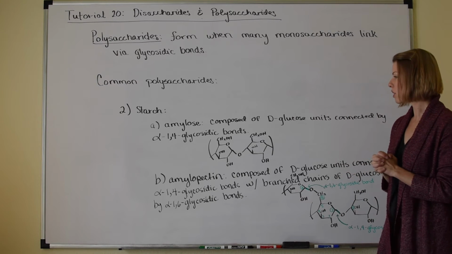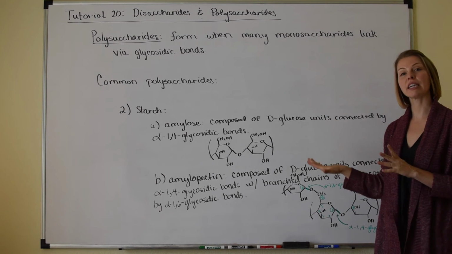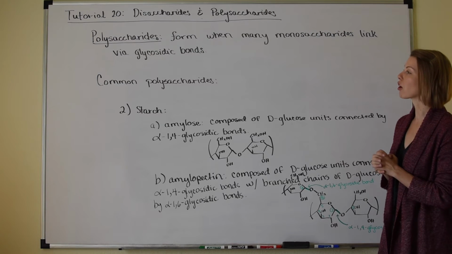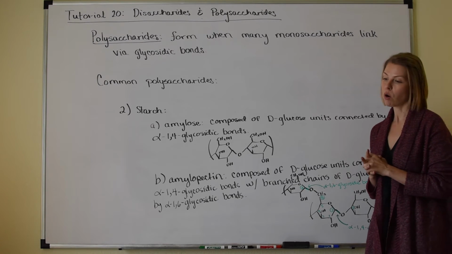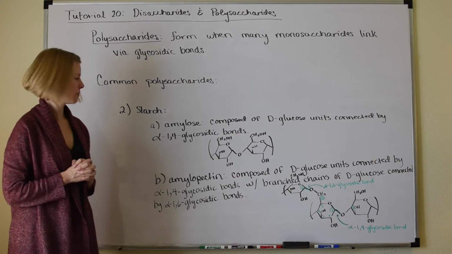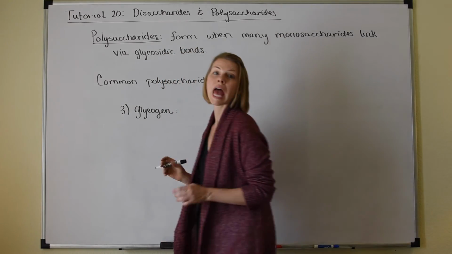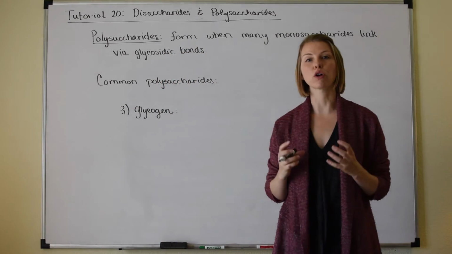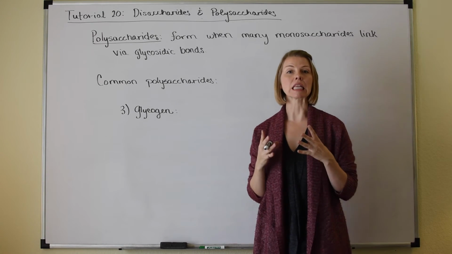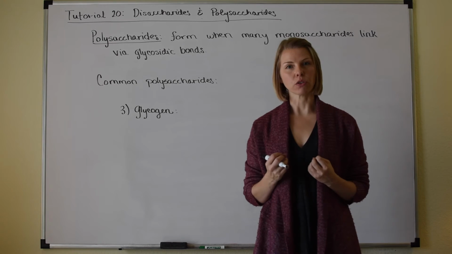Okay, so let's go ahead and erase here, and we'll go on to talk about our final polysaccharide, which is going to be on slide 6, glycogen. Animals store glucose in the form of glycogen, which is found mainly in the liver and the muscles.